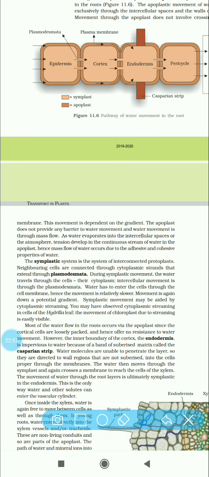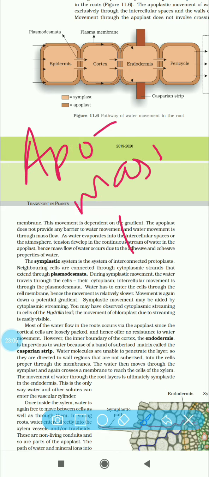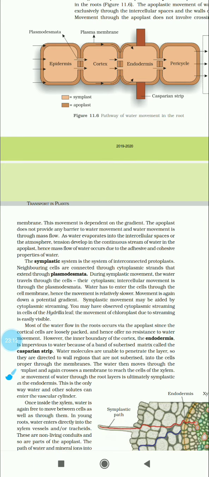So this pathway which we are discussing, the apoplast, is always through what we call mass flow movement. Now as the water keeps on evaporating from the intercellular spaces into the atmosphere, it will generate a tension, and hence the mass flow will occur because of adhesive and cohesive properties of the water.